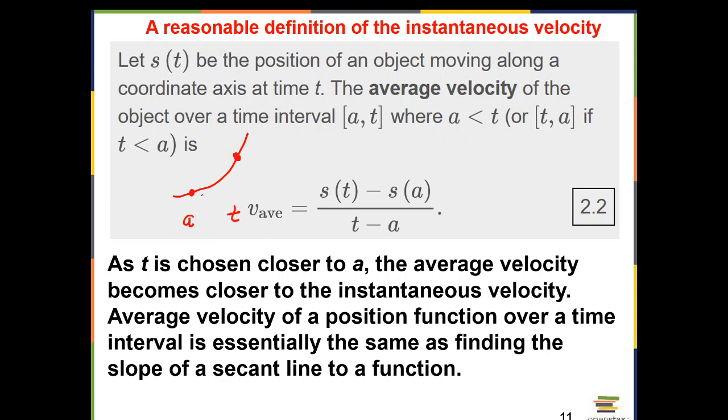The slope of the secant line is the average rate of change of the function. But we know the average rate of position over time is average velocity. So the average velocity is defined to be the slope of the secant line from one point to another point. The average velocity from a to t is given by this.